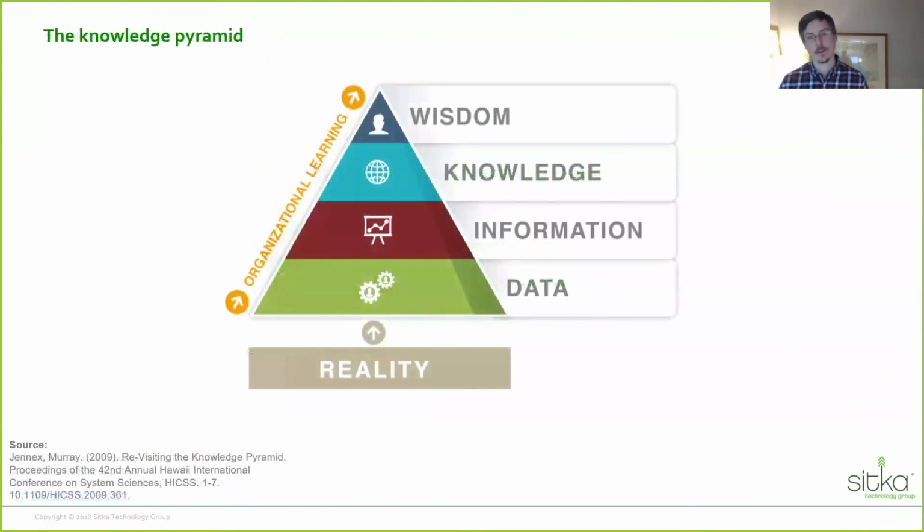Interestingly enough, there is the theory here of the knowledge pyramid, which is related to the prior two frameworks we just discussed. This is taking reality, deriving data from it, through monitoring or through capturing data when doing activities in the field, transforming that into information, generating knowledge from that, and then ultimately making wise decisions from all that work.